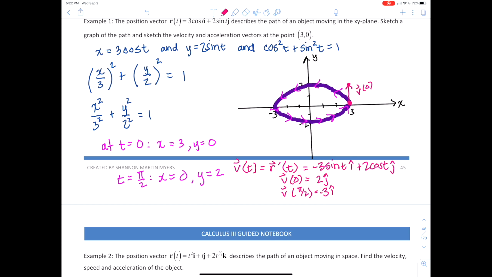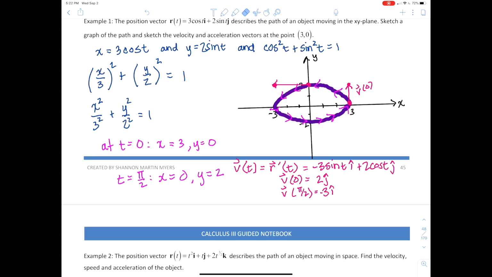So it would start here, right, at our x and y coordinates at 0, 2, and it would go over here to terminate at -3, 0. That makes sense?